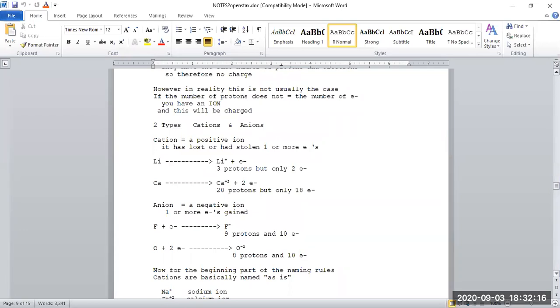It likes to go steal electrons from everybody else, but it only steals 1. So now I've got a situation where I have 10 electrons and only 9 protons, and I have an F with a negative charge attached to it. So it is now a fluorine ion, or more appropriately called a fluoride.